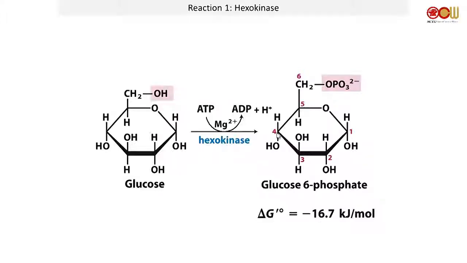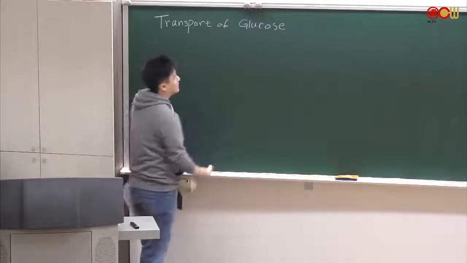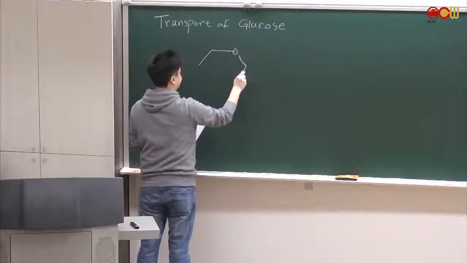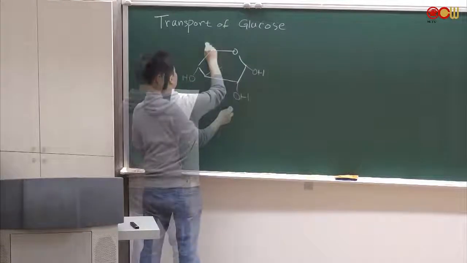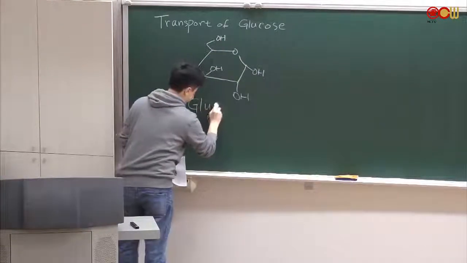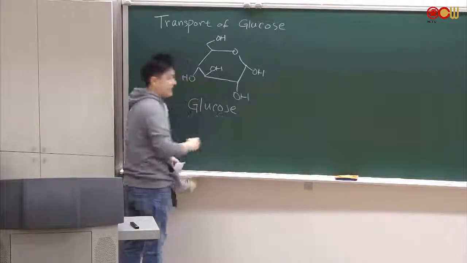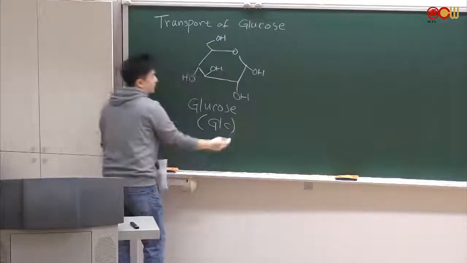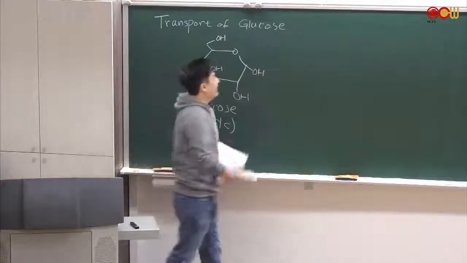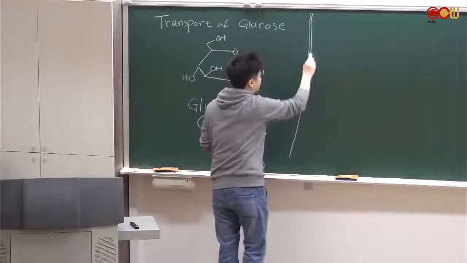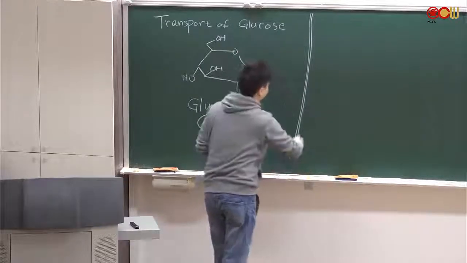Let's first talk about transport of glucose. Glucose looks like this. This is glucose, and remember, the shorthand is GLC for glucose. The first thing that glucose has to do is somehow get through your cell membrane.